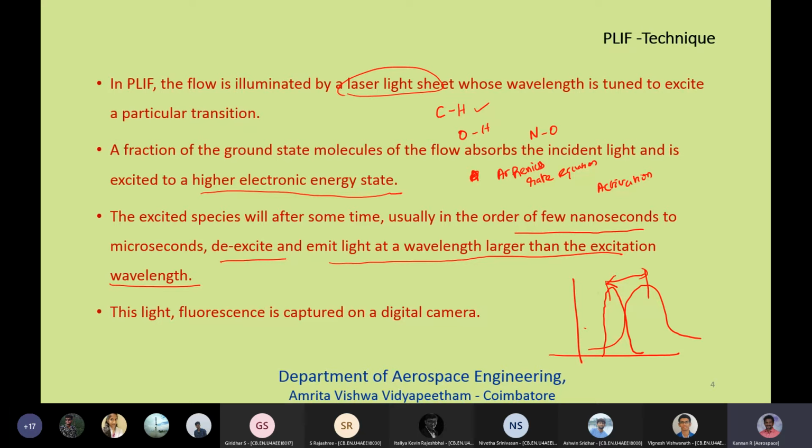This excited fluorescence is captured with the help of your digital camera, a CMOS or CCD camera. Any question?